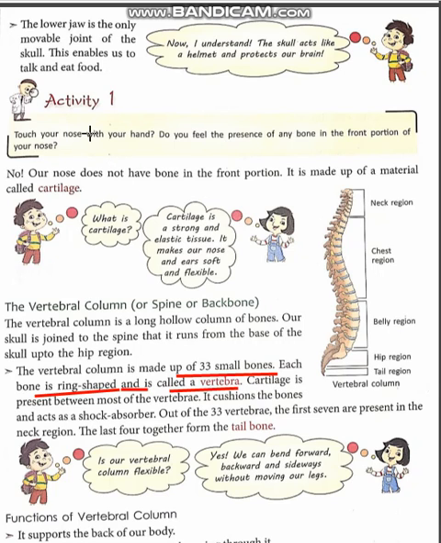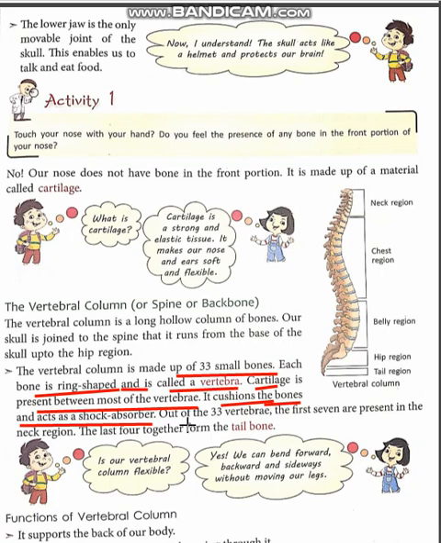Cartilage that we have discussed in the nose or in the ear is present between most of the vertebrae. Okay? This cartilage acts like a cushion for the bones and also does the function of a shock absorber.